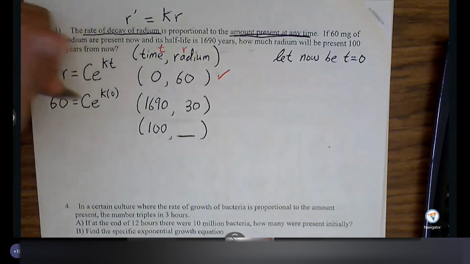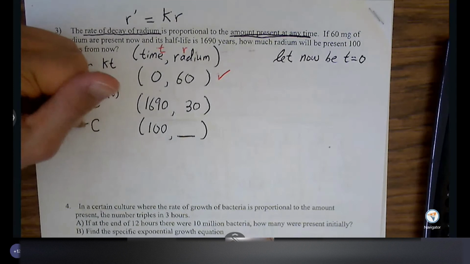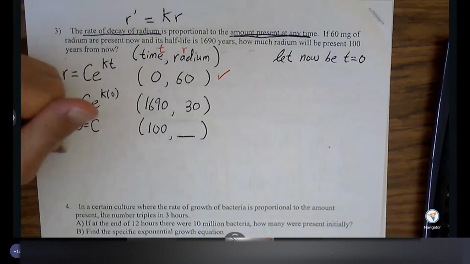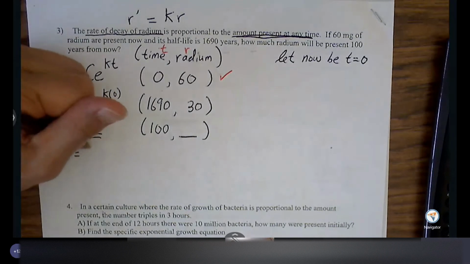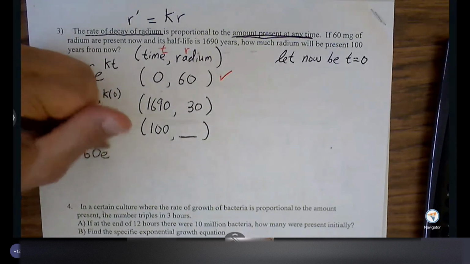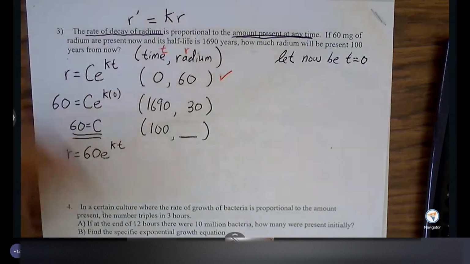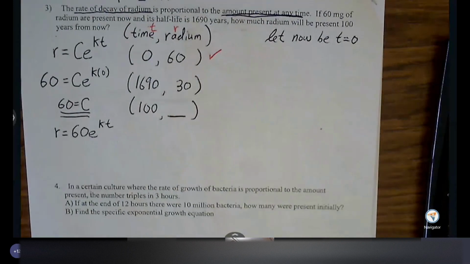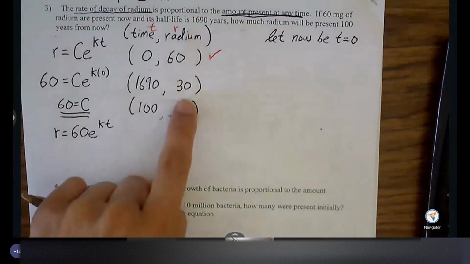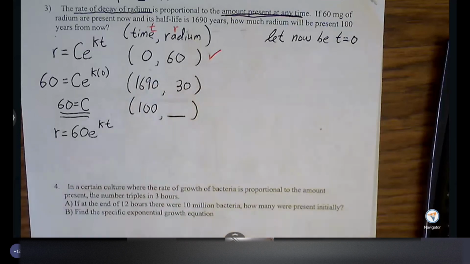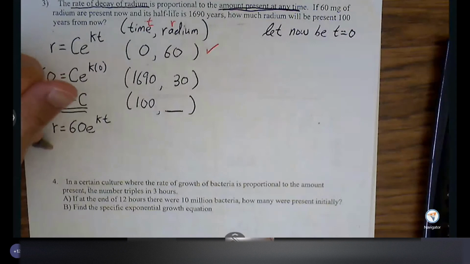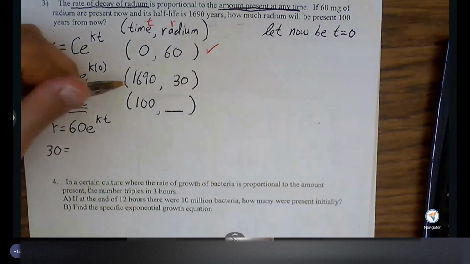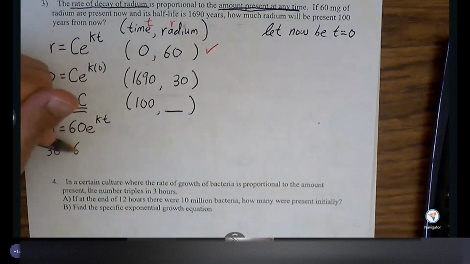E goes away, K goes away, I'm just left with C. Update our equation once you have certain information about it. Let's use the second ordered pair to help us find more information. 30 goes in for R, 1690 goes in for T.